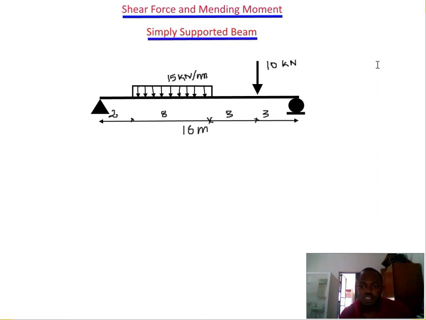My name is Rodrick. In this video we are going to analyze a simple support beam with partially distributed load and a point load.